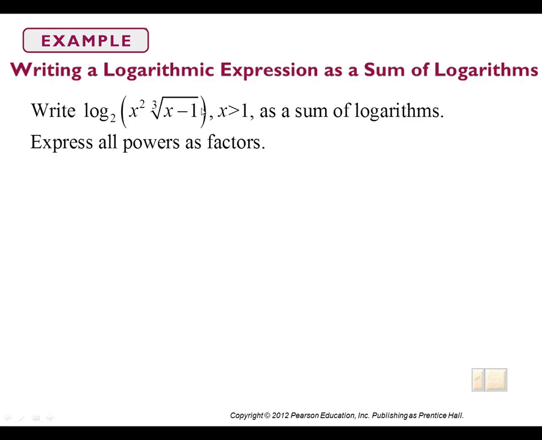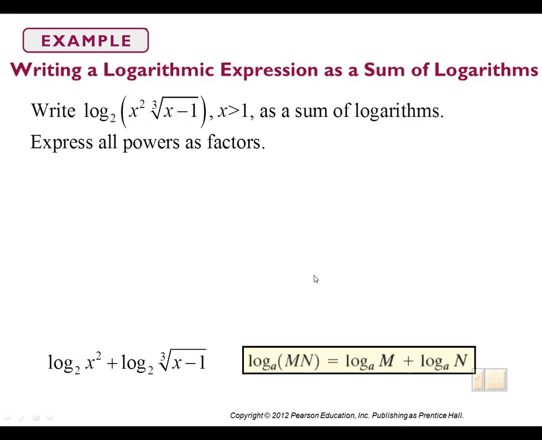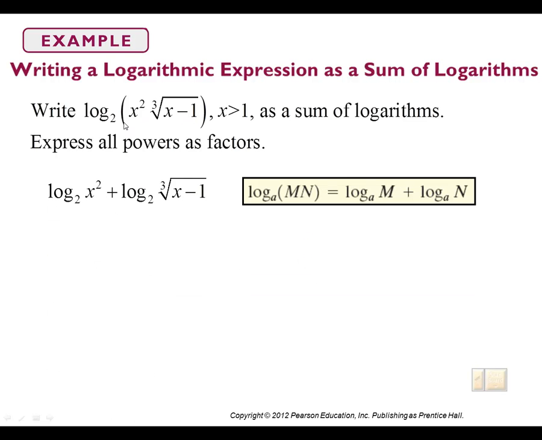These two, x squared and the cube root, are multiplying, so we're going to expand those first. So this will be log x squared base 2 plus log of the cube root of x minus 1 base 2. And that follows this property here of logarithms.